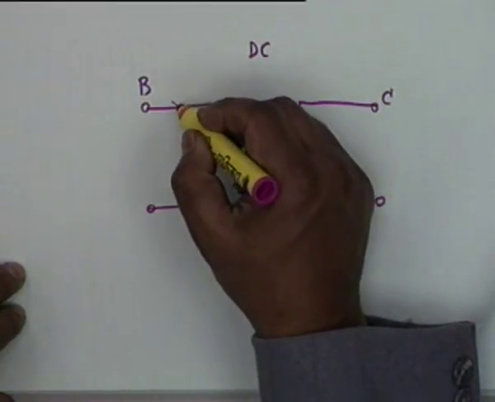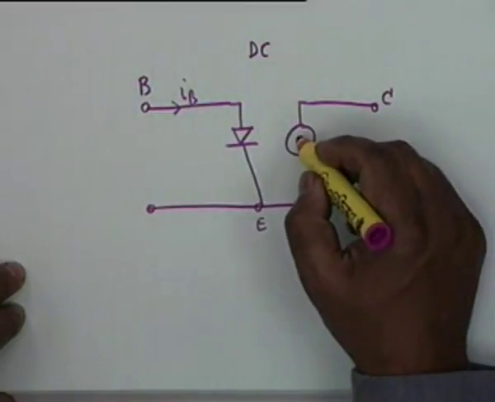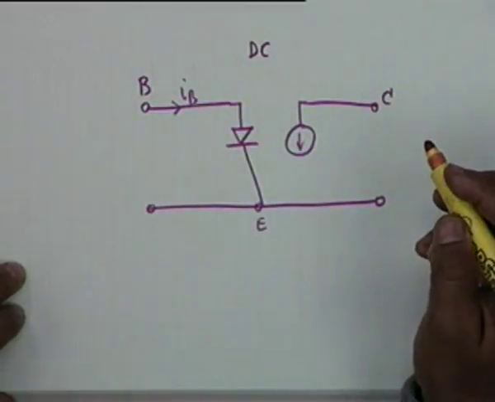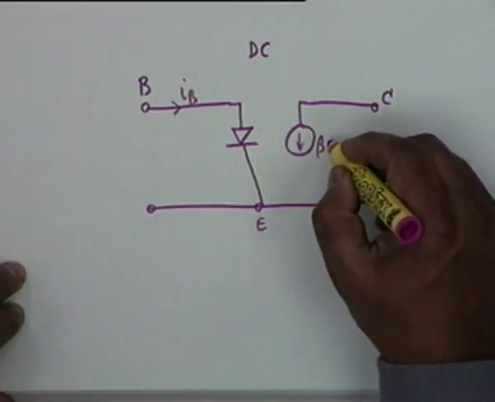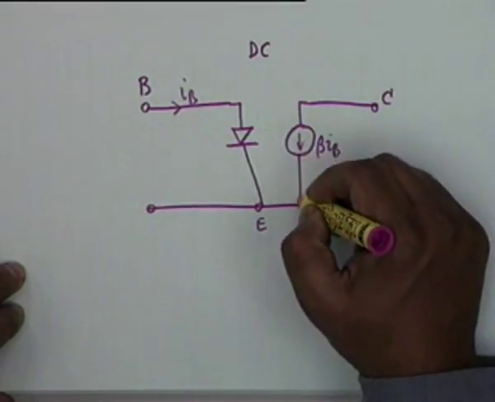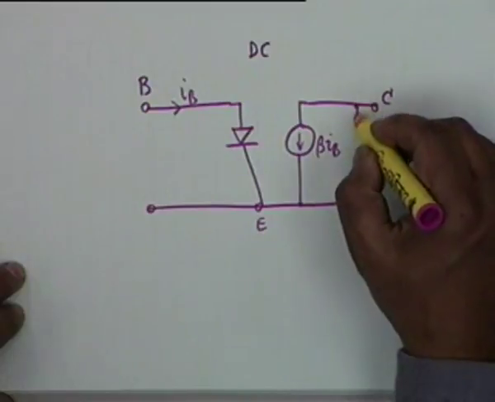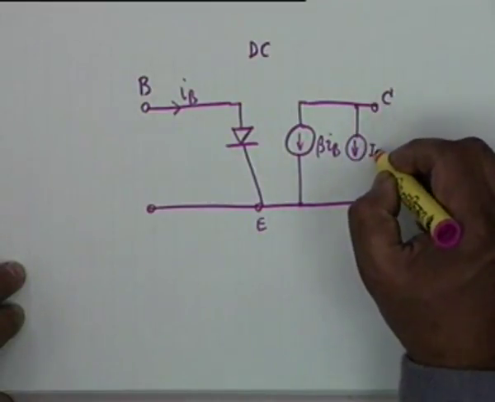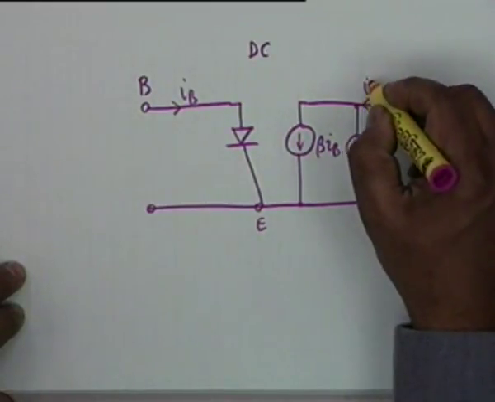If this current is I sub B, then the collector current consists of two components. One is beta I sub B and the other is ICO, and this is my I sub C.